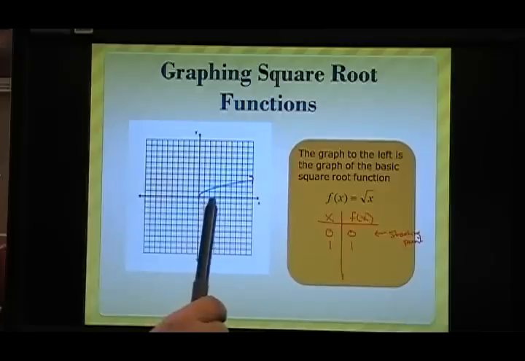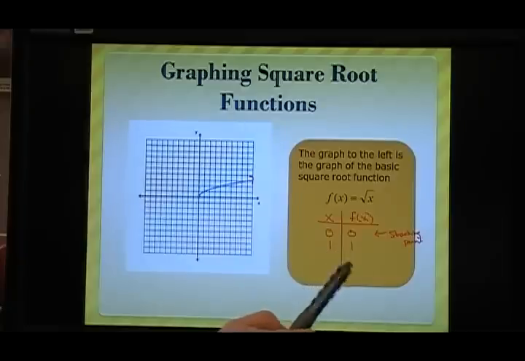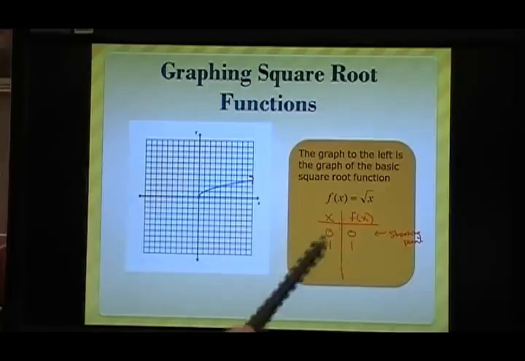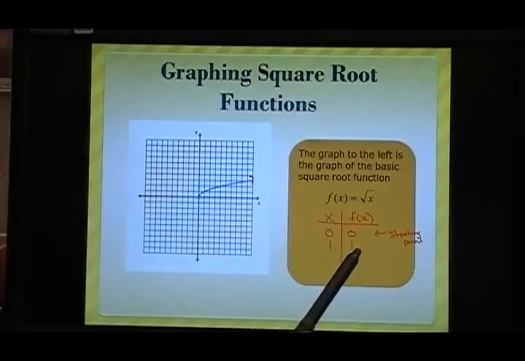If you input 2, there is a corresponding output, but the square root of 2 is some crazy irrational number. So in terms of shifting, it's going to be easiest, when you do your shifts, if you work with lattice points, points where both the x-coordinate and the y-coordinate are integers.